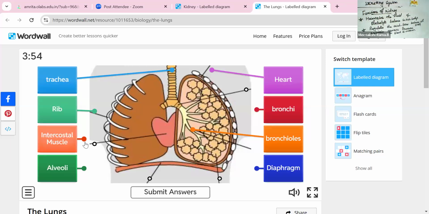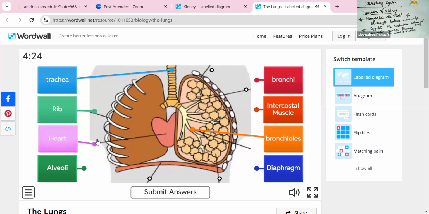So this is intercostal veins. Is this right? Right or wrong? What is this? Yes, this part is known as the heart. So this is wrong. I'm going to join the point to here.